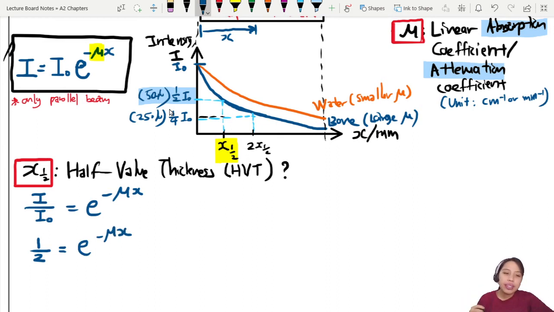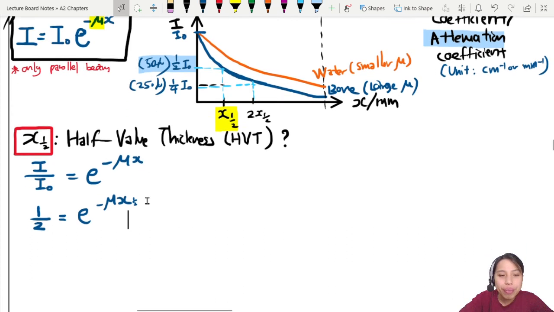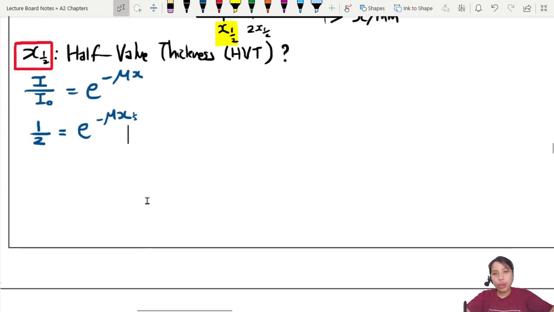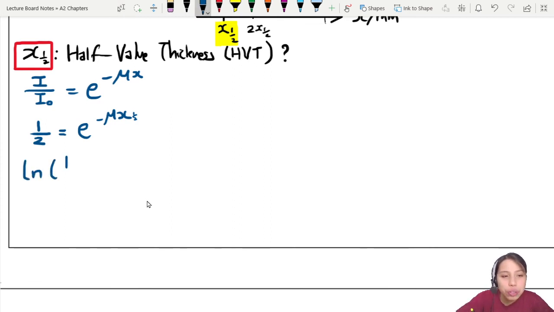How do we get the x? This is x half, by the way. That is the half value thickness. We want the x half. But how do we get it out? It's stuck inside the exponent. So we have to do this thing called log and ln. We need to get the x out. This is similar to what you do in practical paper 5. First I'm going to take the ln, the natural log, of both sides.